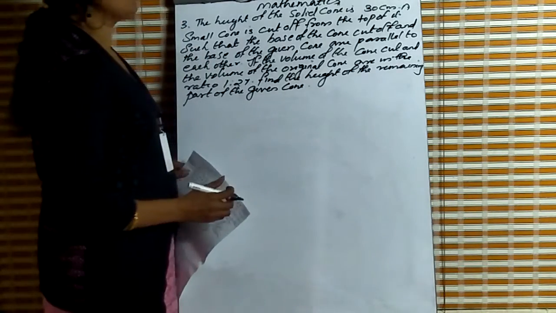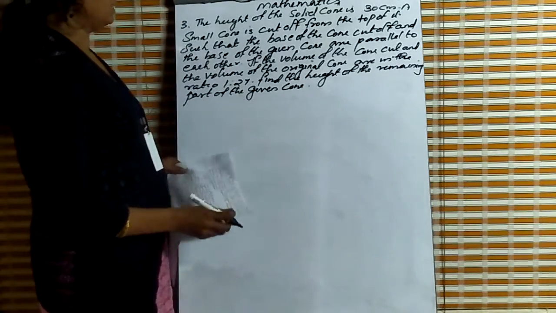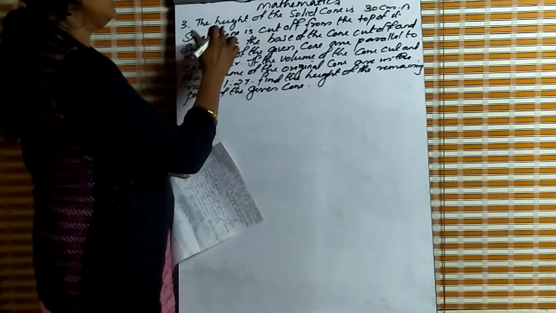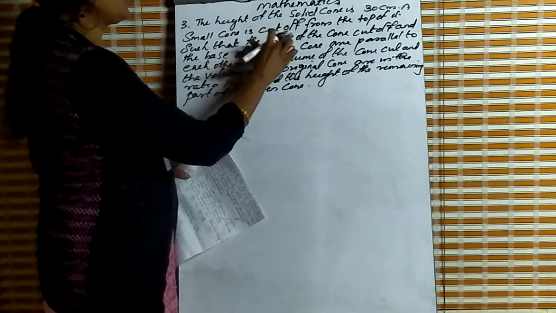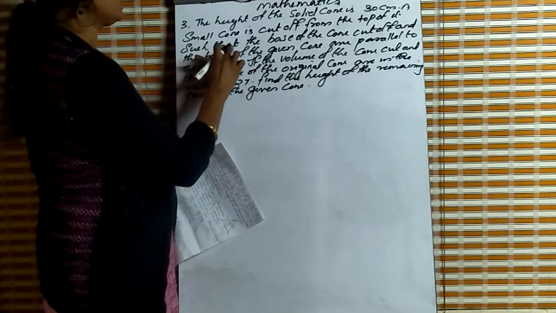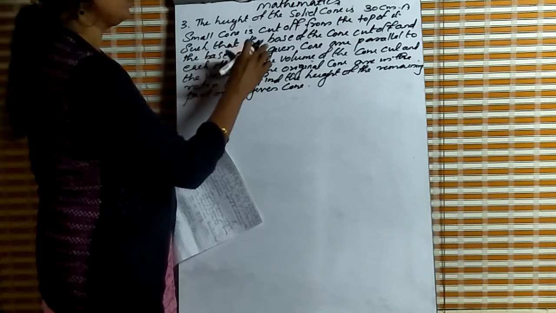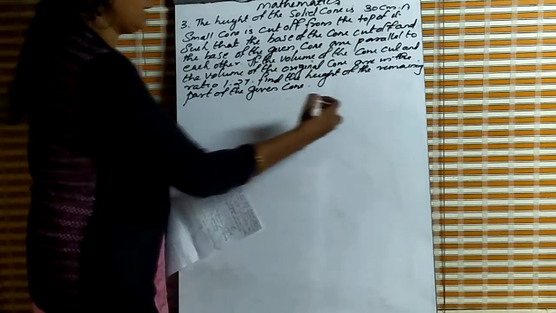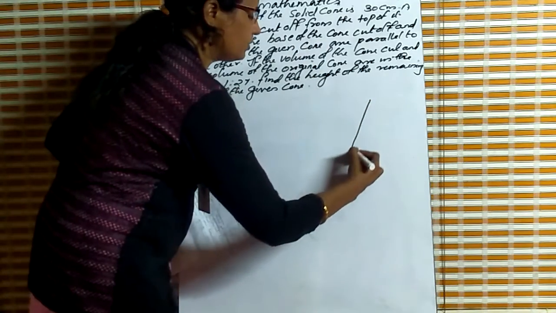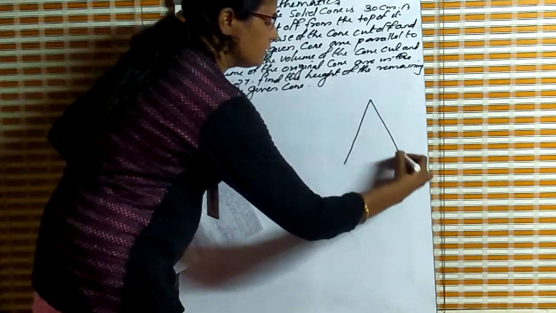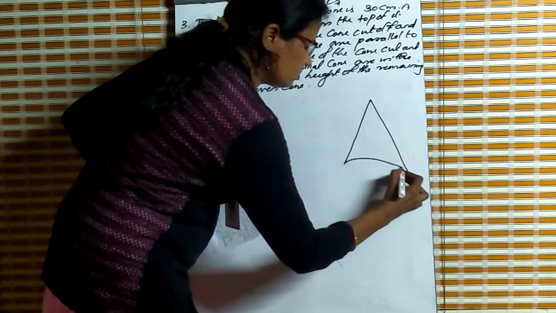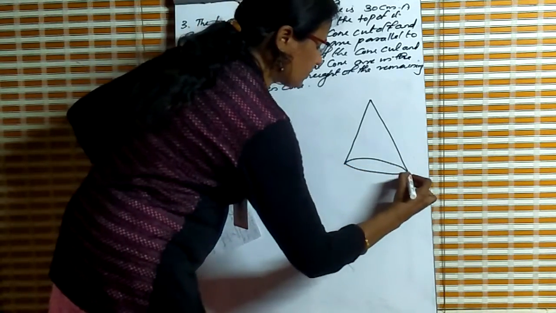The height of the solid cone is 30 centimeter. A small cone is cut off from the top of it such that the base of the cone cut off and the base of the given cone are parallel to each other. According to the given condition, we can draw a figure.